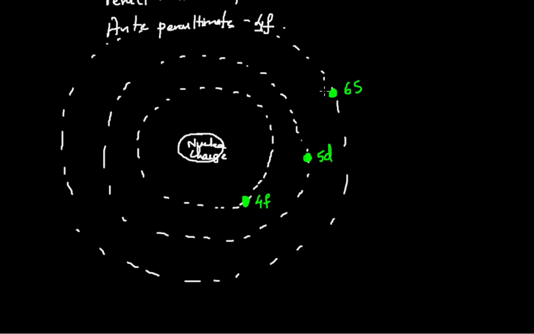So ultimate is 6s, penultimate is 5d, anti-penultimate is 4f.